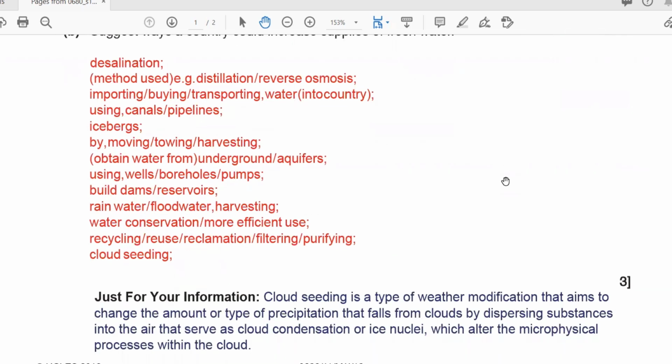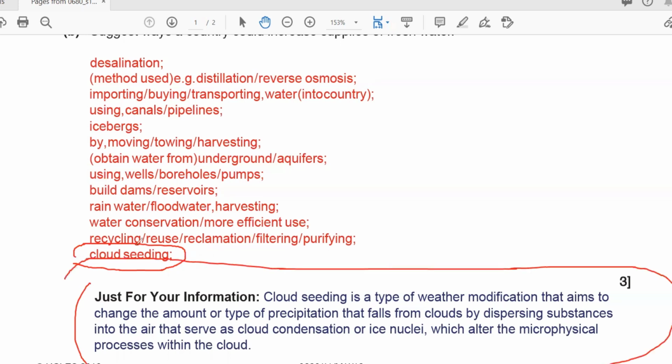And there is another term used, cloud seeding. So what is cloud seeding? I just add this part for you. This is not in the marking scheme, but sometime maybe you can be asked. Cloud seeding is a type of weather modification that aims to change the amount or type of precipitation that falls from clouds by dispersing substances into the air that serve as cloud condensation or ice nuclei.